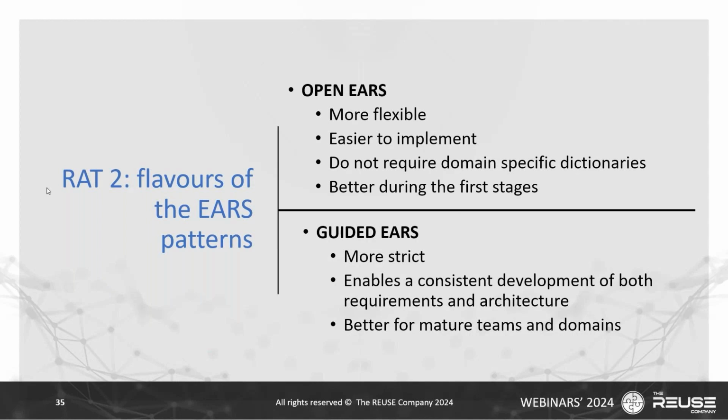While a guided ES is, of course, more strict, it enables consistent development of both requirements and architecture, and it is, of course, a better option for mature teams and where your domain is mature as well, right? So these are the two options that you have. Each one of them is a nice option depending on the potential scenario where you are.